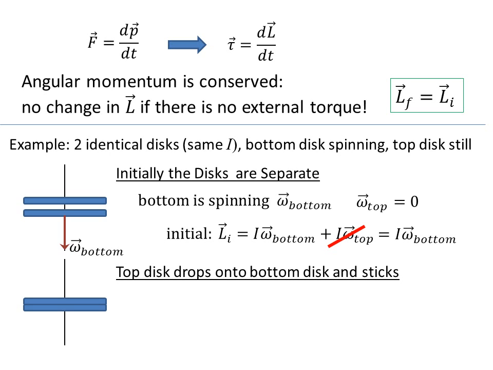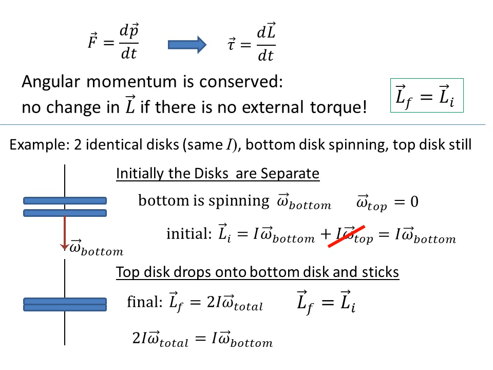Next, the top disk drops onto the bottom disk and sticks, so the two rotate as one. So the final angular momentum is equal to 2 times the moment of inertia, since there are now two disks, times some other angular velocity, omega sub total. And we want to figure out what this new angular velocity is. Well, L final is equal to L sub i.